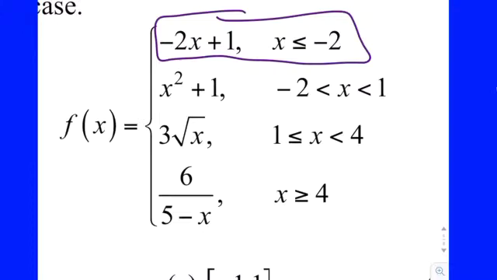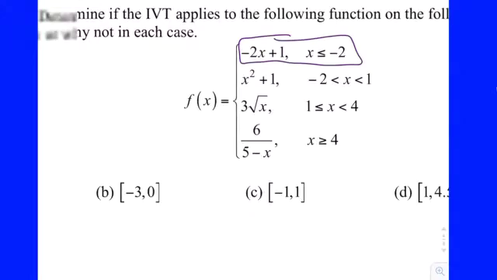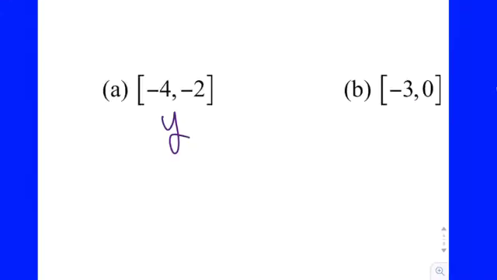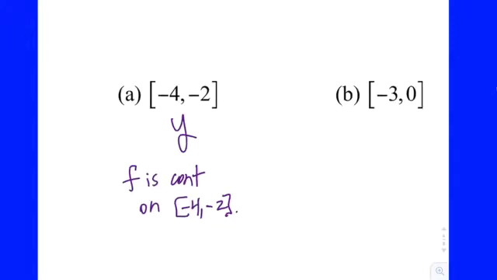And we know because the limit from the left of -2 is also going to be the function value at -2, because it's less than or equal to, we know it's going to be continuous at the right endpoint, correct? So, yes, we'll just say yes, f is continuous on the interval from -4 to -2. Boom. That's all we have to say. The only question was really the right endpoint, but it worked.